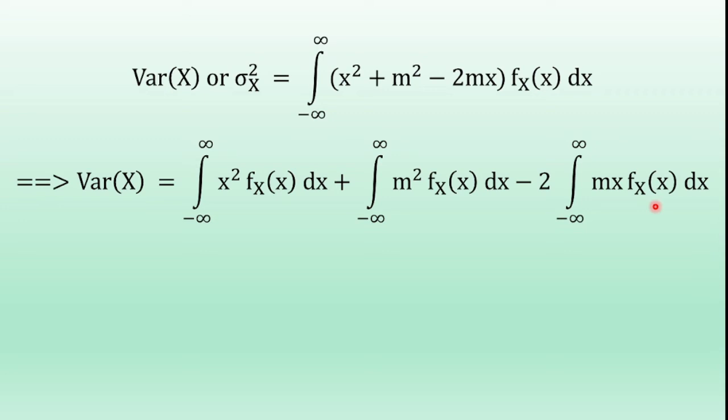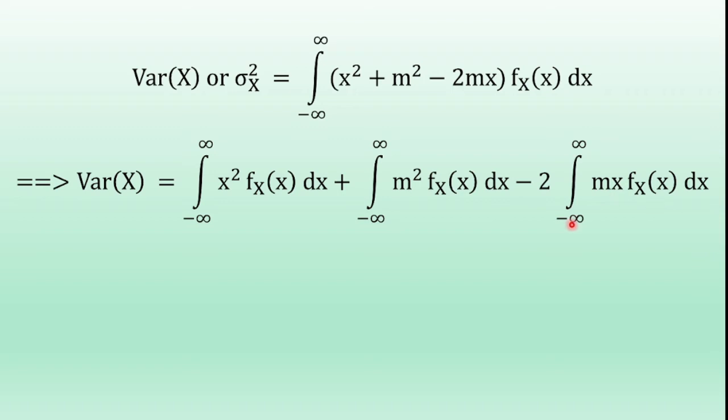According to the definition of moment about the origin for the continuous case, the integral from minus infinity to infinity of x power n fX of x dx, and n equal to 2 is the second moment about the origin.